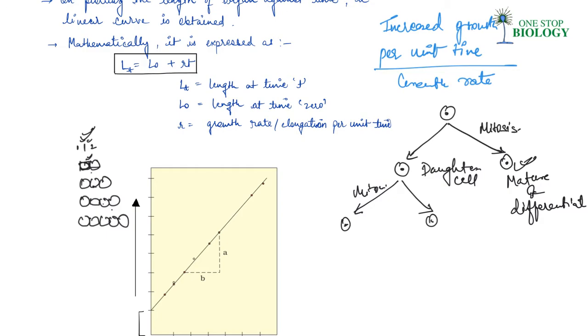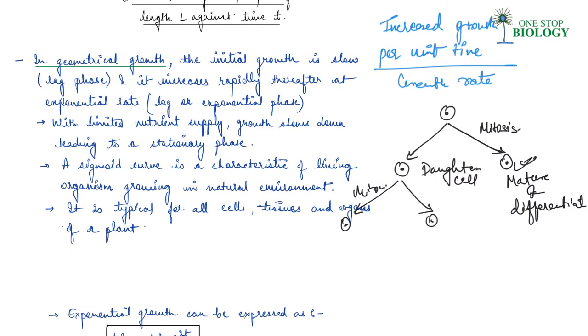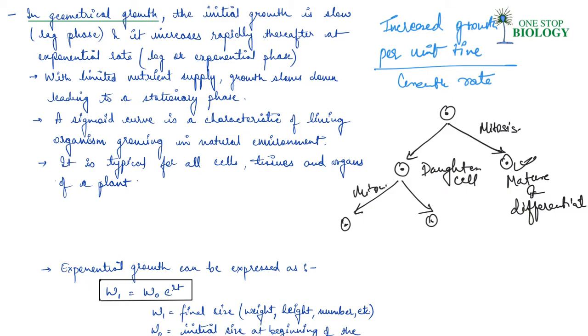This is what happens in arithmetic growth. Now let's see what happens in geometrical growth. In geometrical growth, the initial growth is slow. We say that the initial slow growth is known as the lag phase.